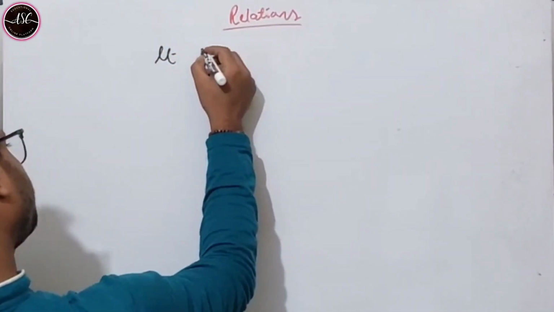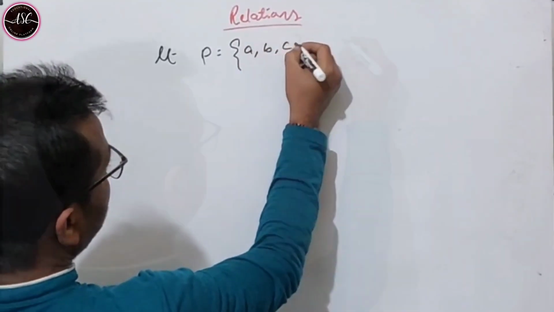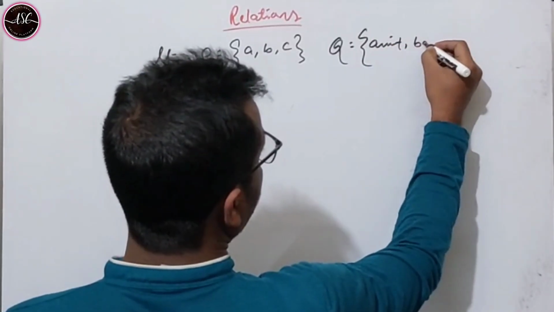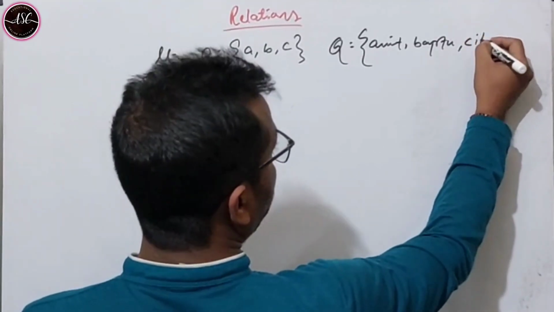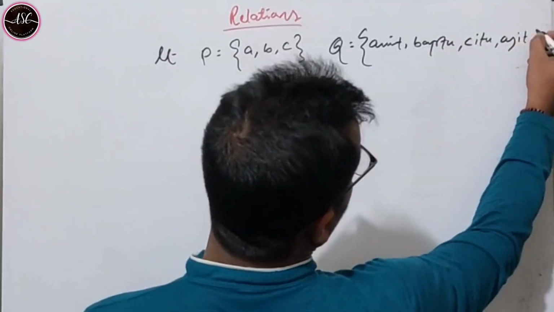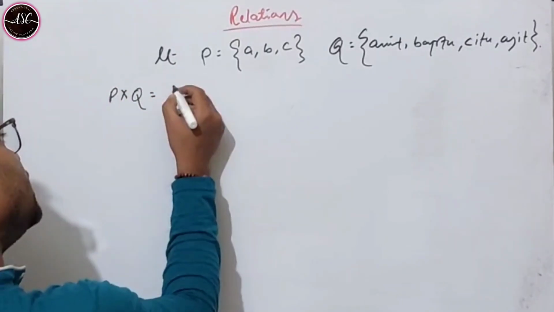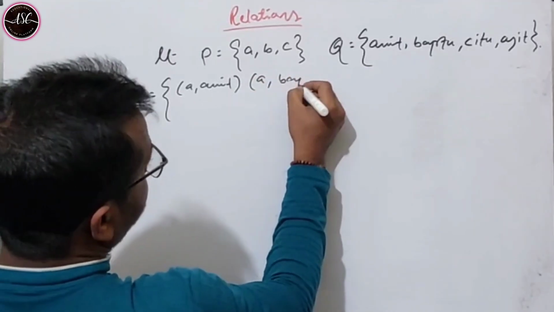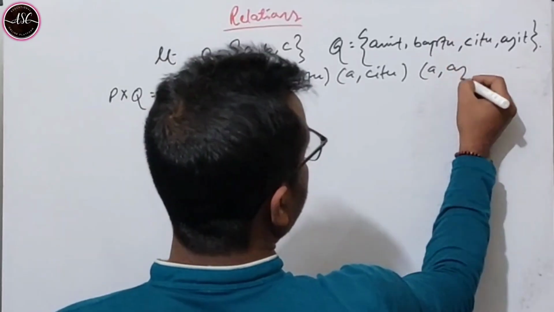Let P equal to A, B, C. Q equal to Amit, Bhaktu, Kitu, and Ajit. Then the Cartesian product of P and Q will be A comma Amit, A comma Bhaktu, A comma Kitu, A comma Ajit.